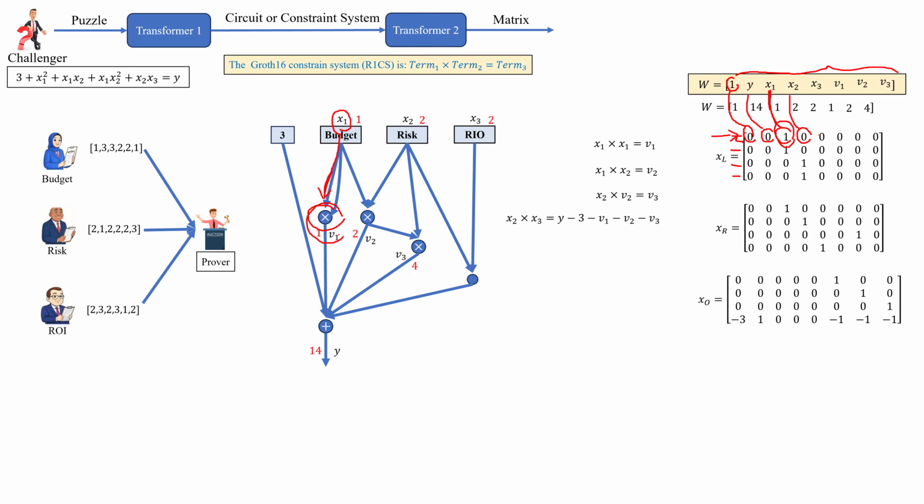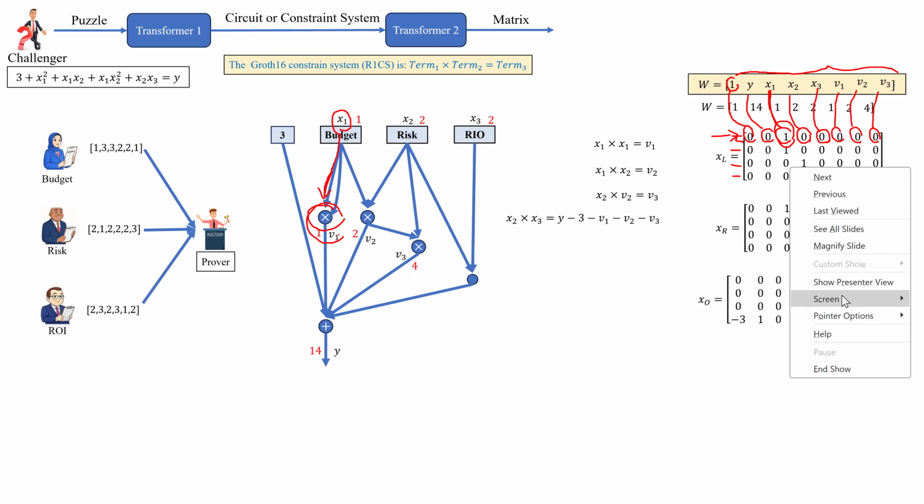Other values would be 0, because there is no left input from x2, x3, v1, v2, or v3 in gate number 1, right?